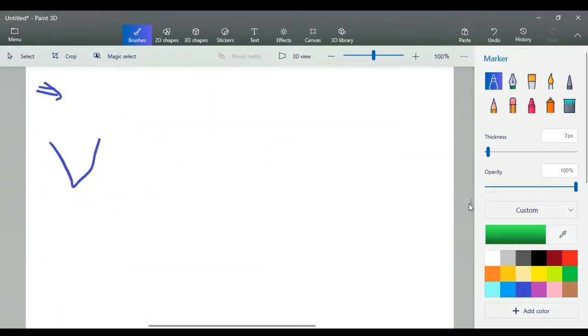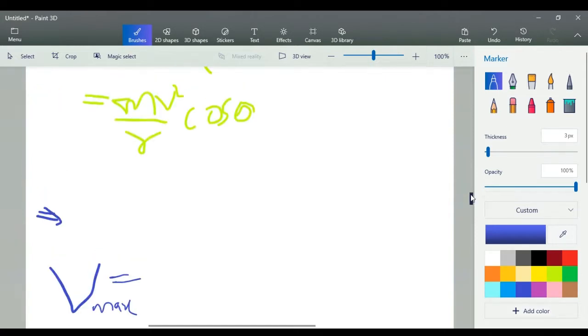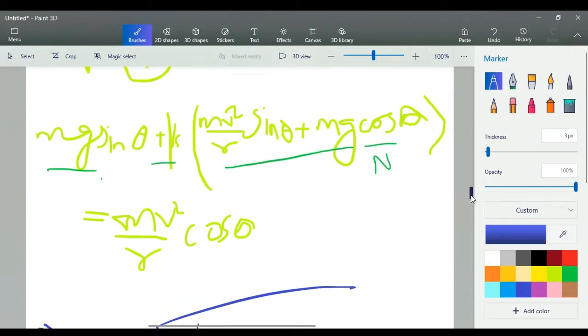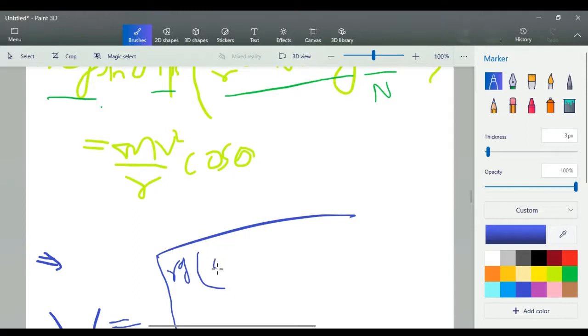After solving that, we get v maximum, the limiting velocity after which the car or any other object will move outward from the circular path. Under the root, we have rg.